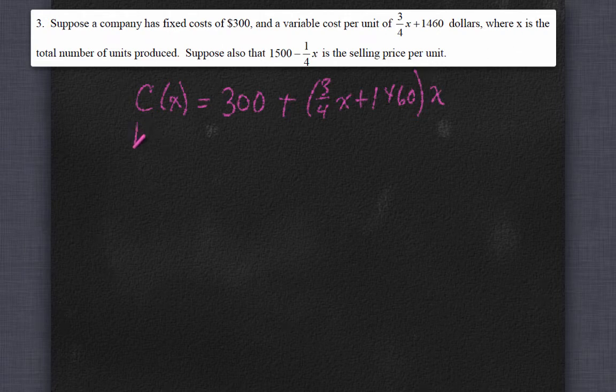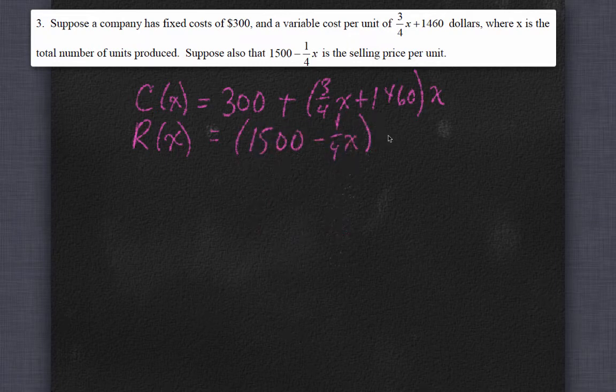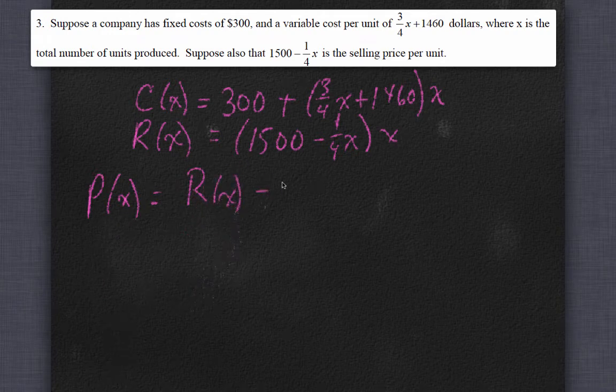This is the selling price per unit, so that gives me revenue. And again, it's per unit. So if I work these out and combine like terms, then I'll have profit being revenue minus cost.